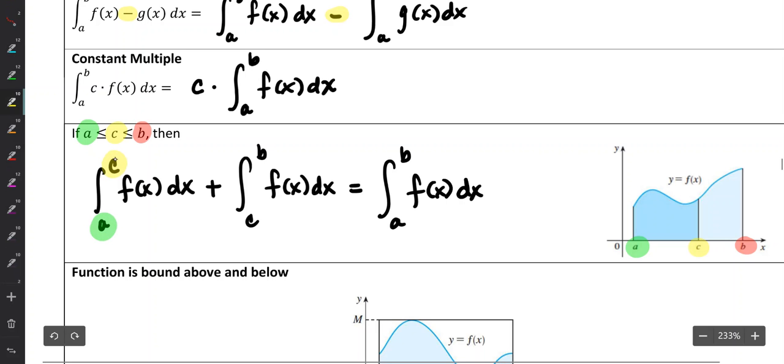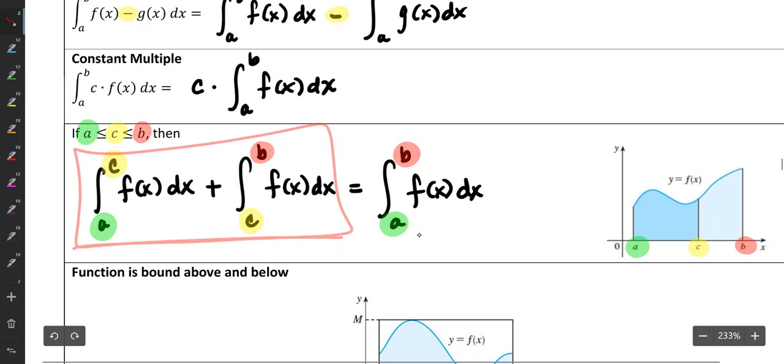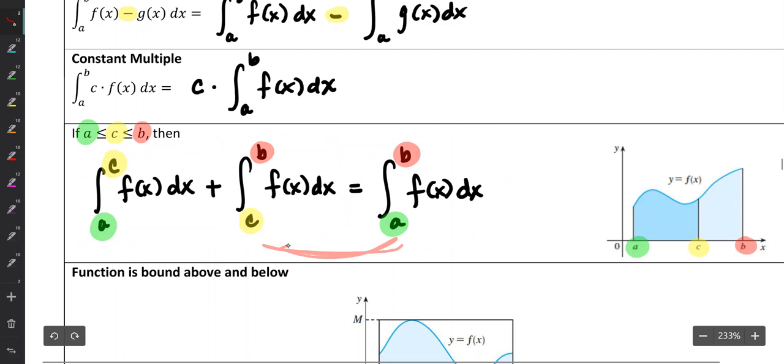A is less than c. C is less than b. Right? And I think that visual aid does a really good job convincing us that we can either choose to write this integral as one integral, or sometimes it's nice to go backwards and expand it out.